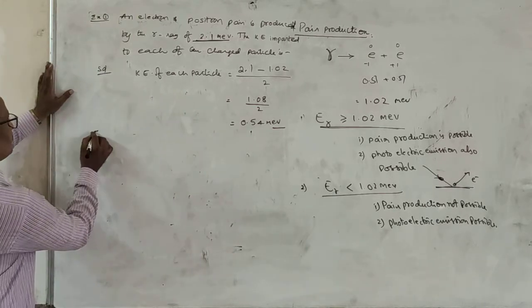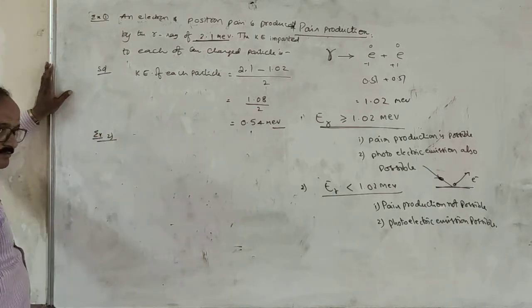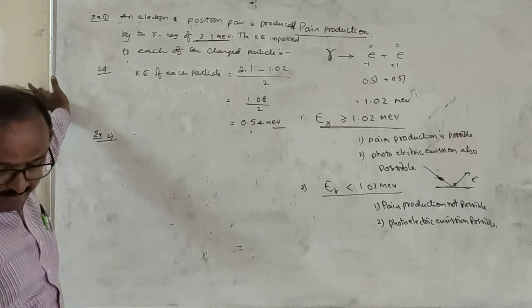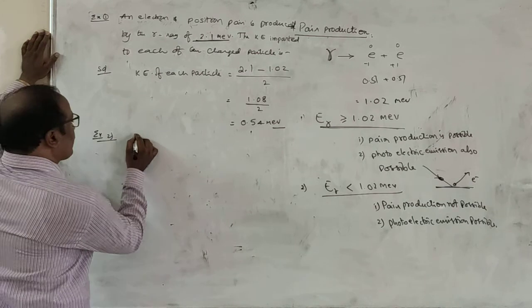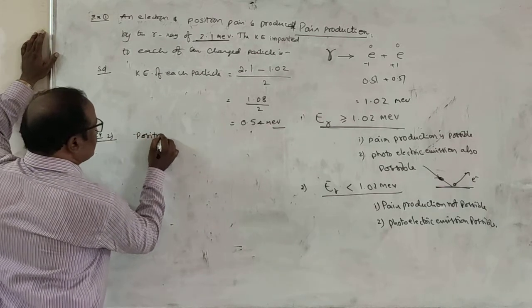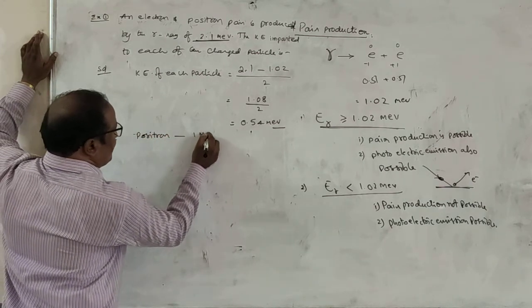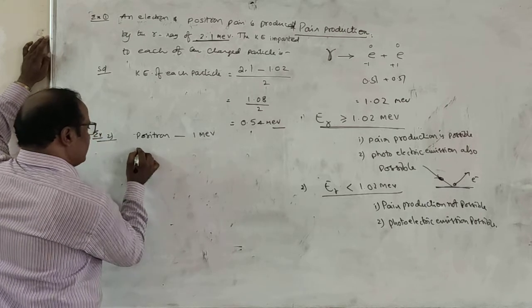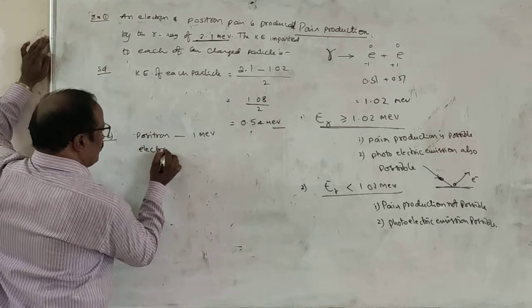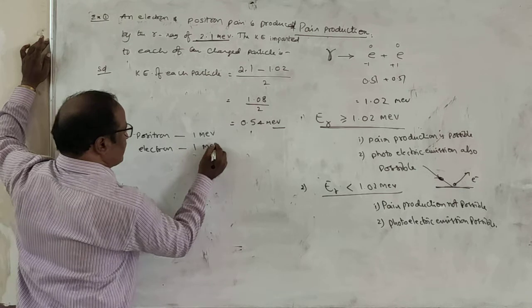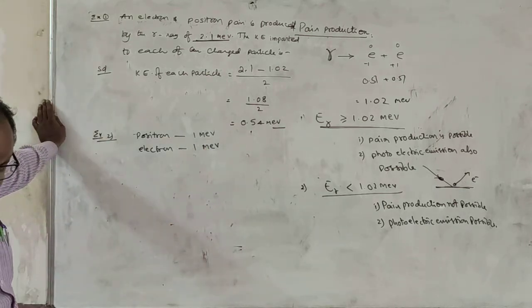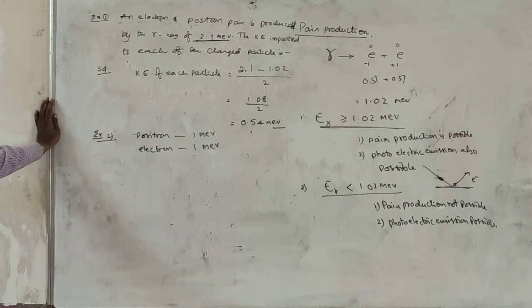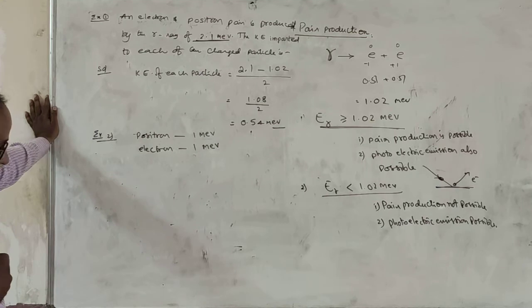Next, example 2. A 1 megaelectron volt positron and a 1 megaelectron volt electron meet each other moving in opposite directions. They annihilate each other by emitting two photons.